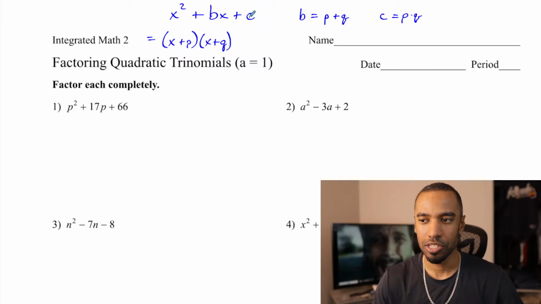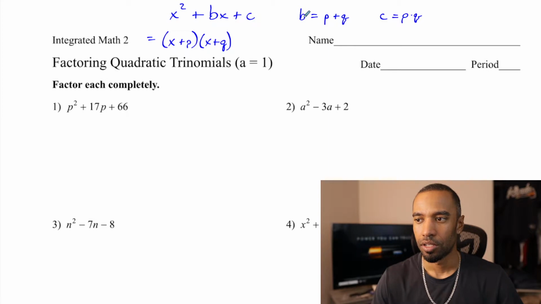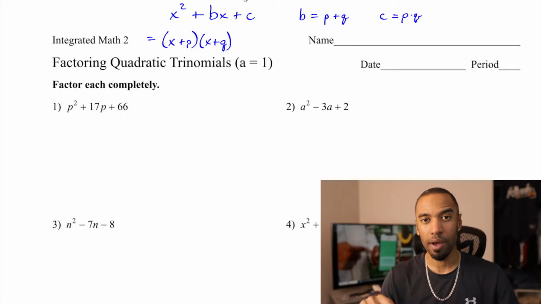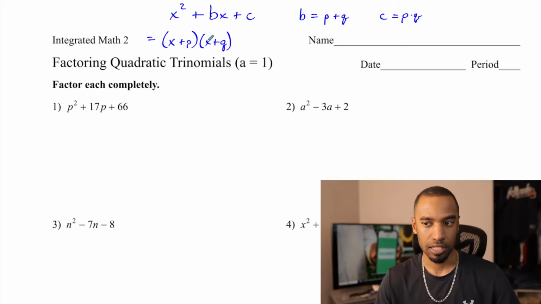So your constant term is what p and q multiply to make, and your linear coefficient is what p and q add to become. There are reasons behind it. You're going to have to check my little lecture video for that if you want to dive more into it, but that's the end goal.